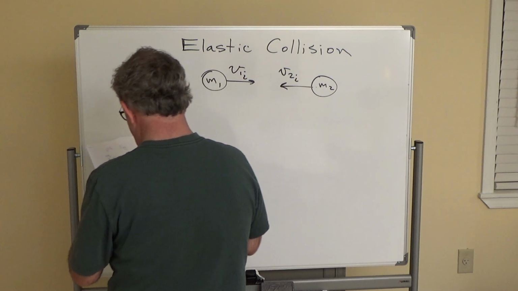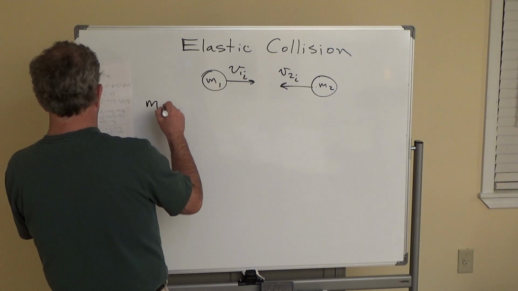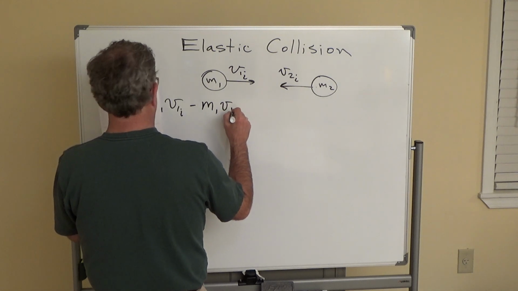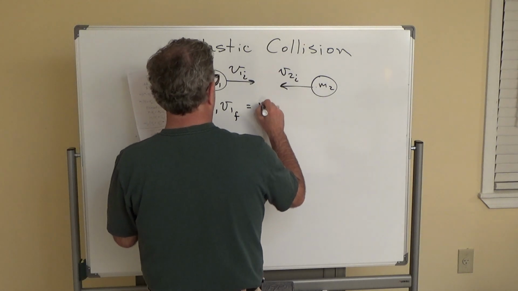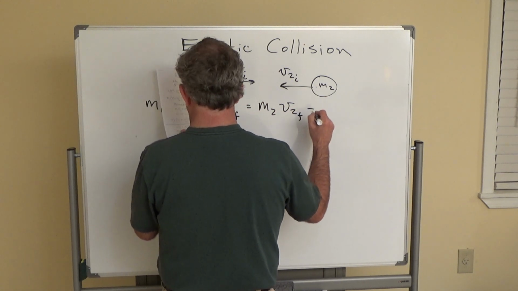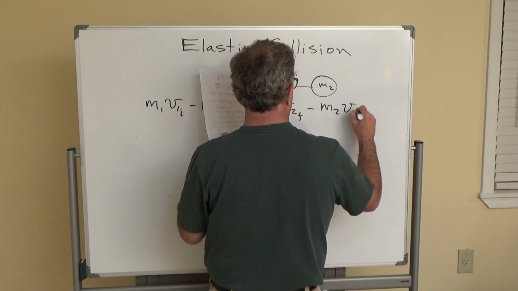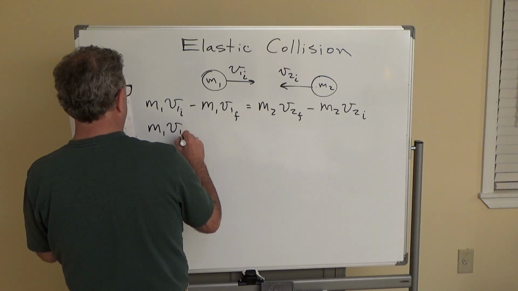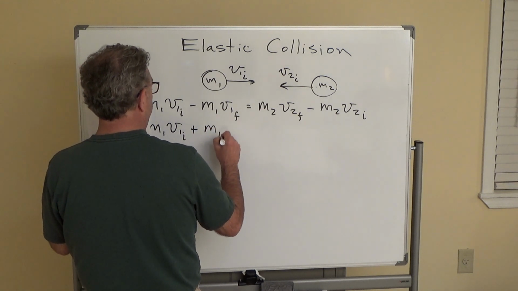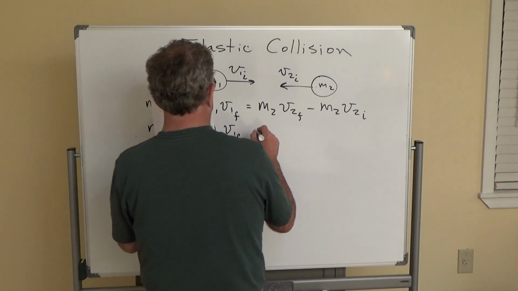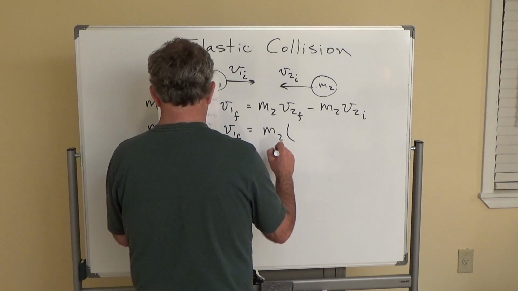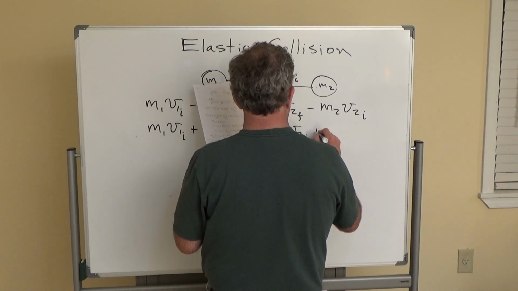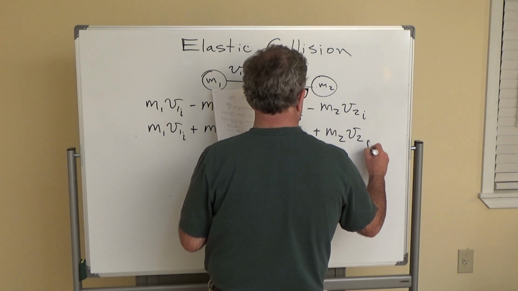So we have that M1 V1 initial minus M1 V1 final is equal to M2 V2 final minus M2 V2 initial, and M1 V1 initial plus M1 V1 final is equal to M2 V2 initial plus M2 V2 final.